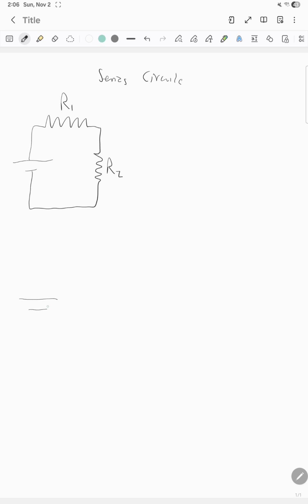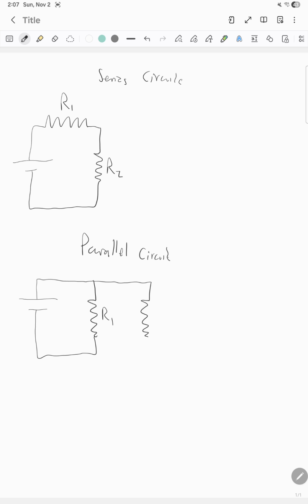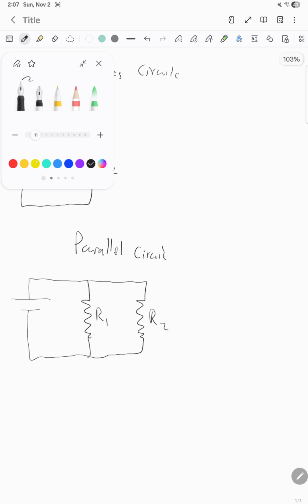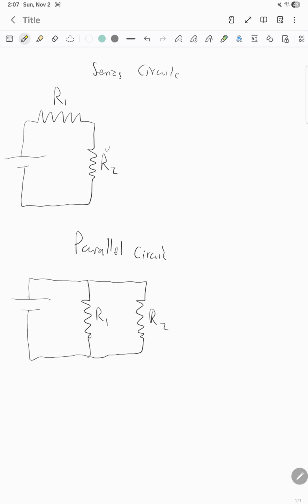However, you could also have something called a parallel circuit. Let's say you have this same source, and then you have here R1, a resistor, but then you still have another resistor here. Now, this is not in series anymore, where current will flow like this easily. Because now the current has multiple paths to take.